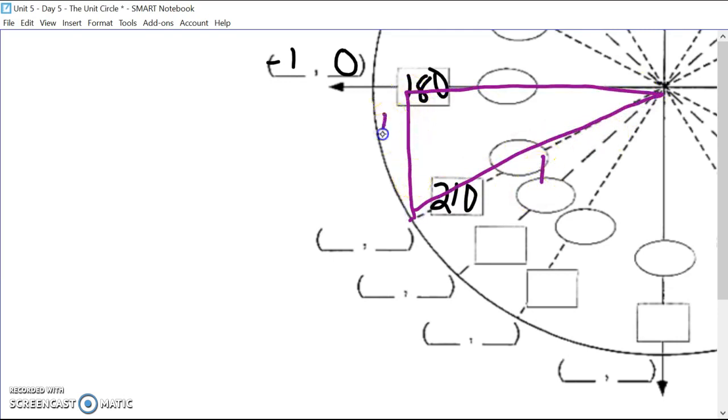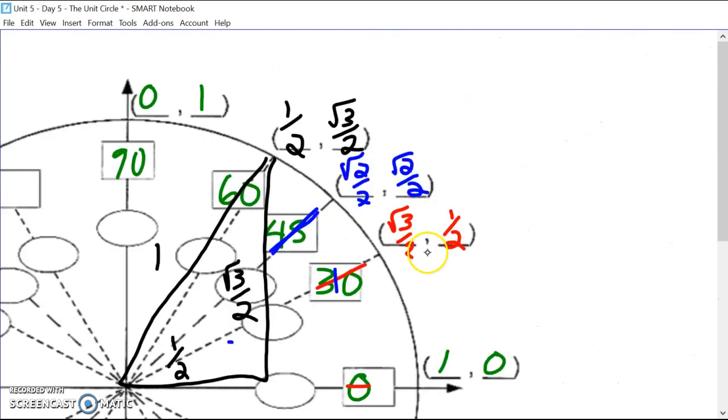This is the short side, so I know that's 1/2. And this is the long side, so I know that's root 3 over 2. The only difference now, both of these are negative because I'm going to the negative x-axis and the negative y-axis. And so my point here is going to be negative root 3 over 2, comma, negative 1/2. Again, you'll notice the exact same values there as with our 30-degree reference angle up here, just that they've changed signs.